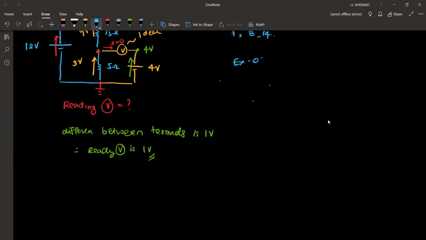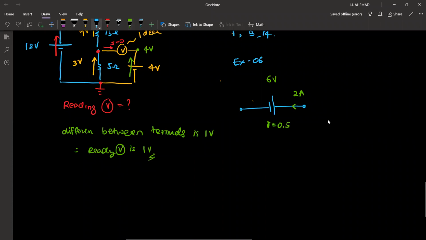Example 6. We want to find the terminal voltage of a battery of 6 volts. Now there's a current flow in this battery of 2 amperes, and the internal resistance r is equal to 0.5.